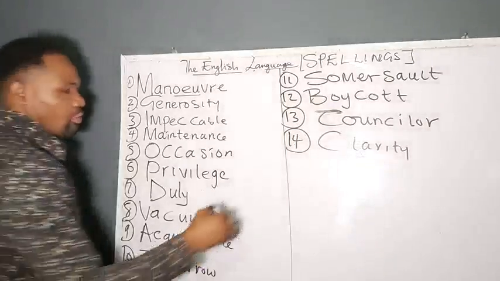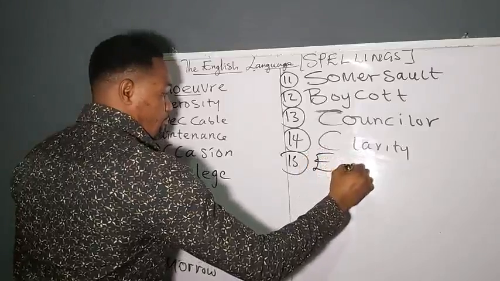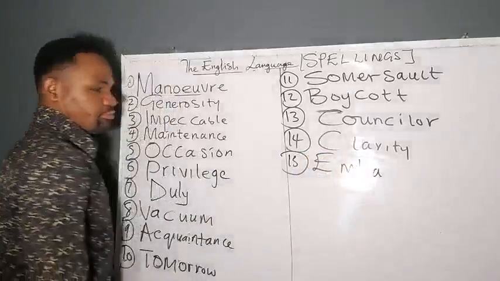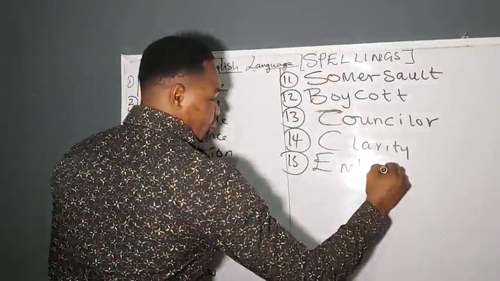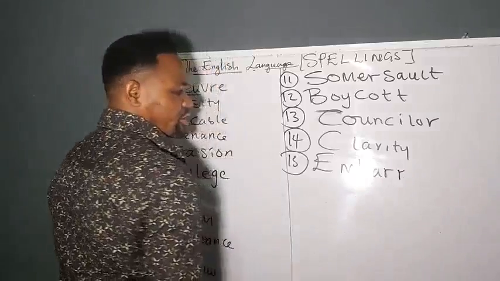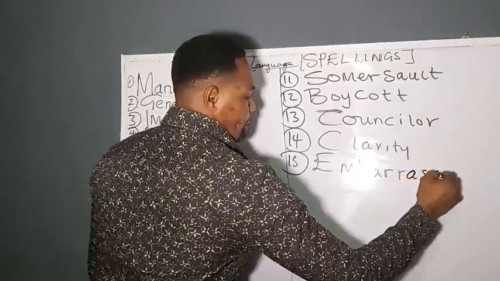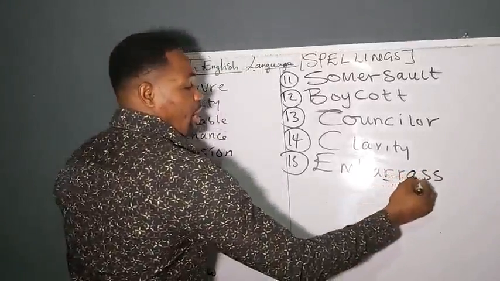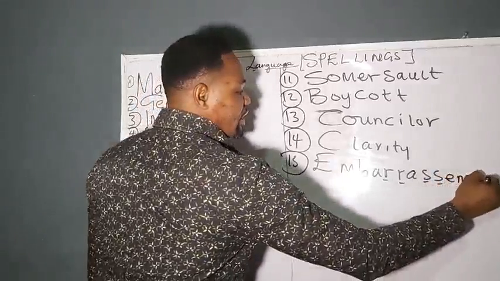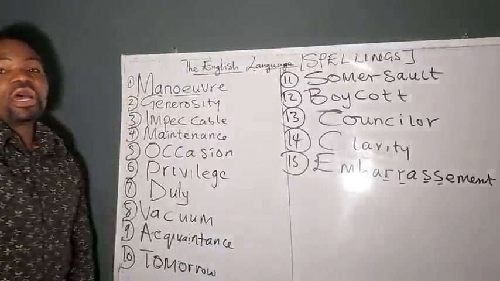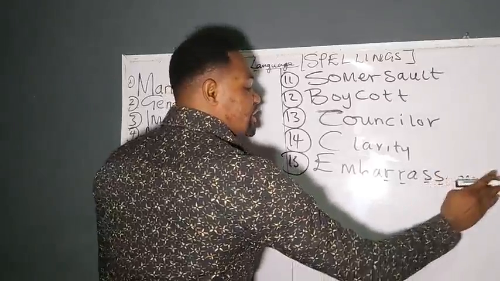So the next one we have in here, I think we're going to look at embarrassment. It's double R, double S. Some will spell this word differently, but please, it does not exist that way. I've seen so many spelled this way, so it's going to be just this way.